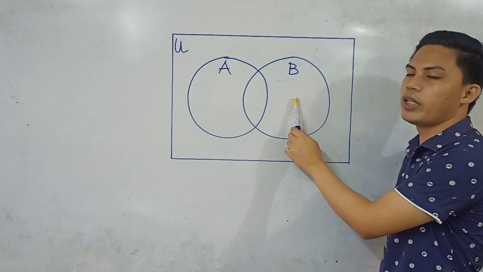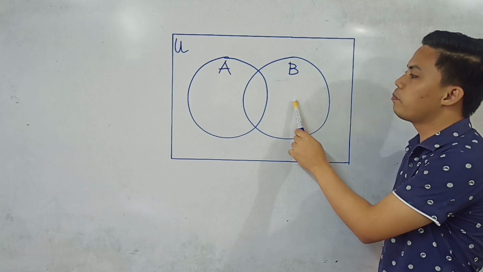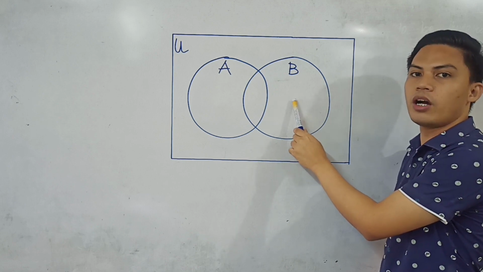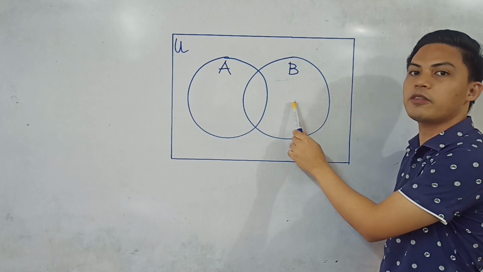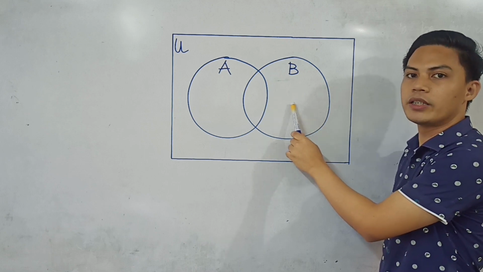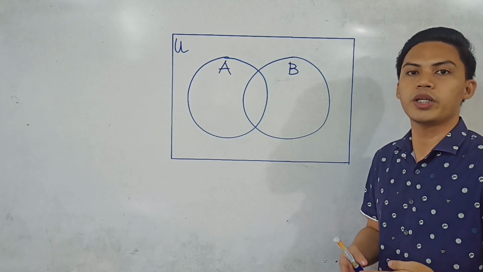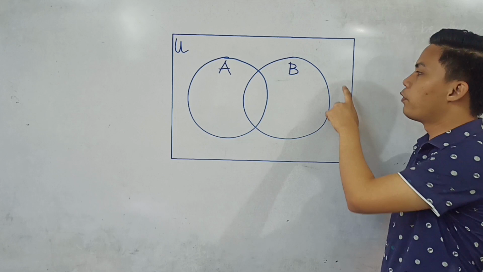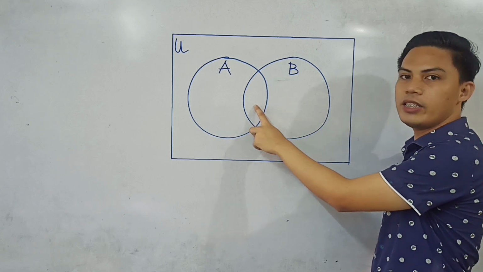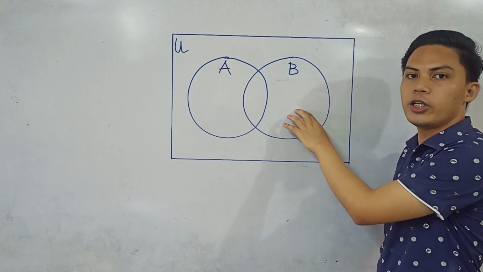In this region, these are the elements in set B only. Okay? Therefore, we have four regions given two sets. Again, the first region, the second, the third, and the fourth.